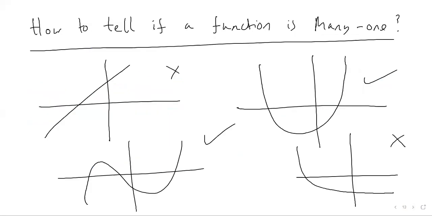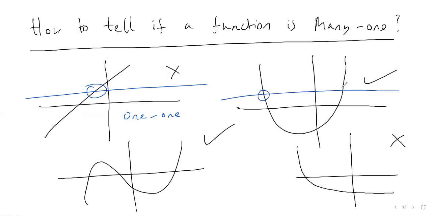So again, what can many-to-one functions look like? It can't be anything like this, because when we draw a horizontal line in, we've only got one point of intersection. So this is one-to-one. One input gives you one output. One output comes from one input. This one is definitely many-to-one, because one output can come from multiple inputs.